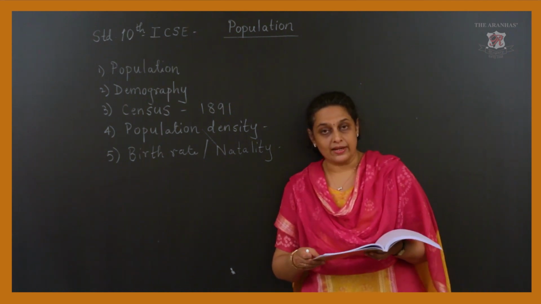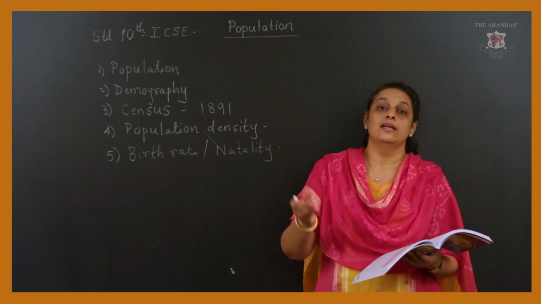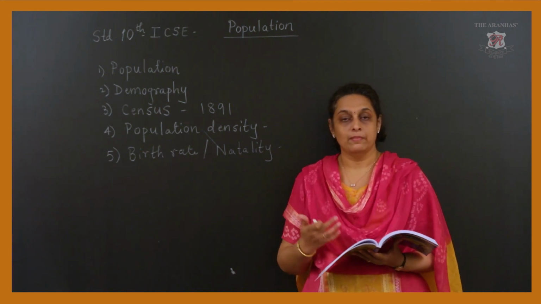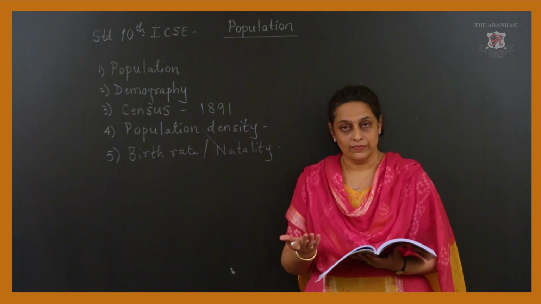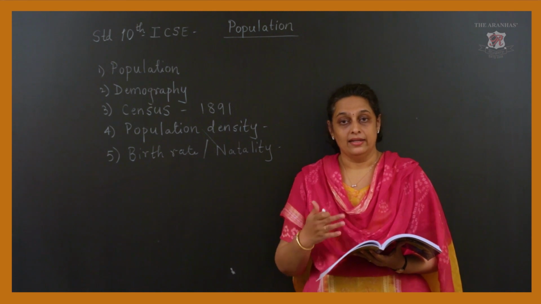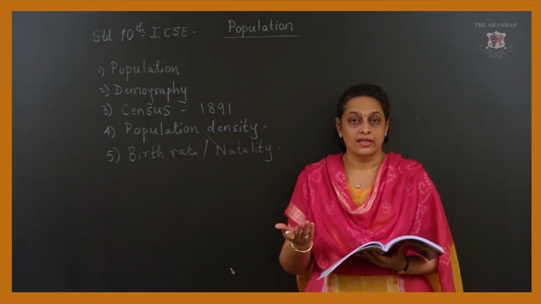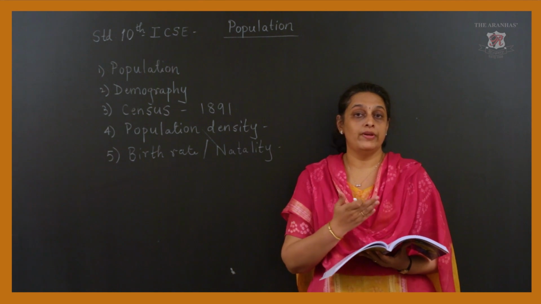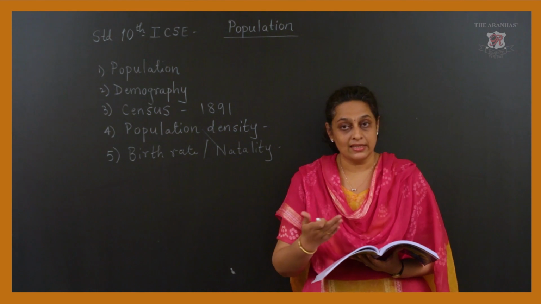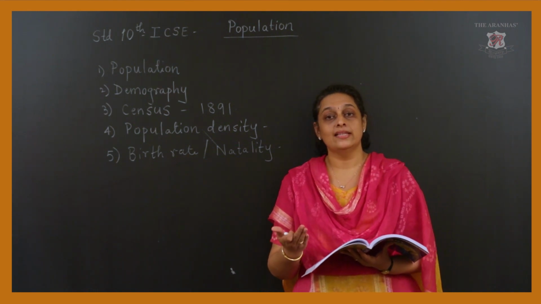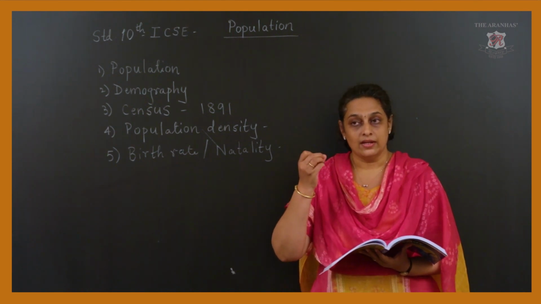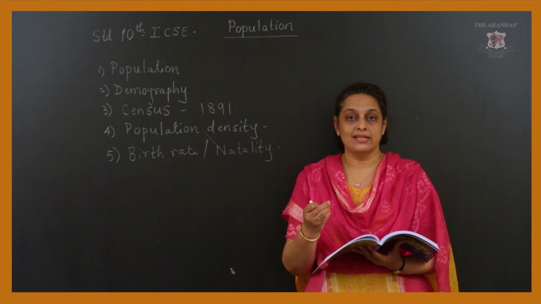So this is how birth rate is statistically explained. Now in our country, in the past, birth rate was low, but now birth rate is high, and nowadays, because of very good medical facilities available, lifespan has increased and death rate has gone down. So it is very simple for you to understand.